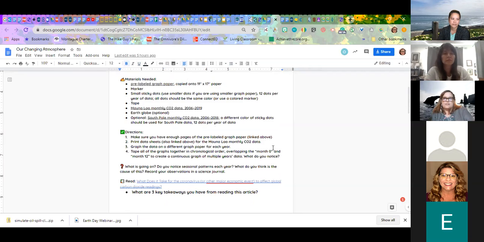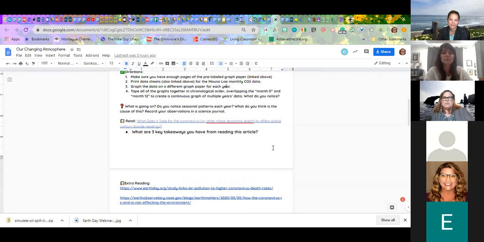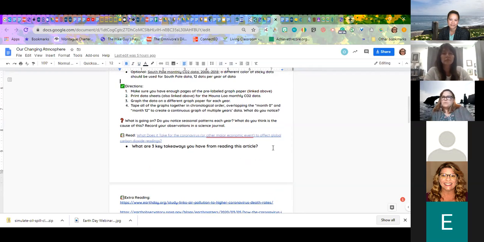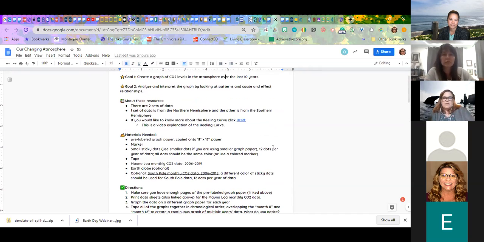What I wanted them to also connect it to is an article about what the effects would be in the year or so on the Keeling curve. And then I also gave them extra reading. I didn't want to give them too much reading just because they're going to do a hands-on activity, but I gave some extra, or extra credit, if they want to dive in more, because there are those students who want to learn more about something. So that's how I formatted my lessons, similar to that.